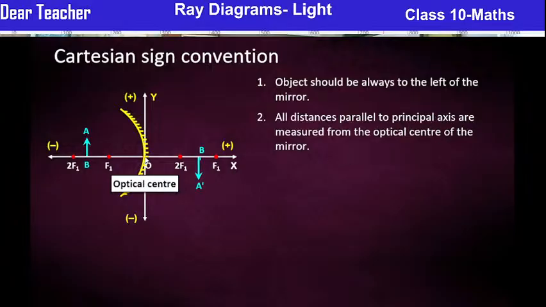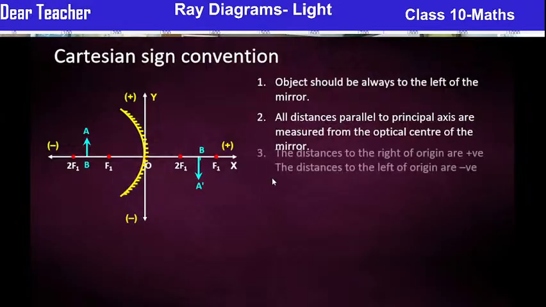The optical center is P, and all distances should be measured from P only. If the image is a downward arrow, below the x-axis, then the height of the image is negative.